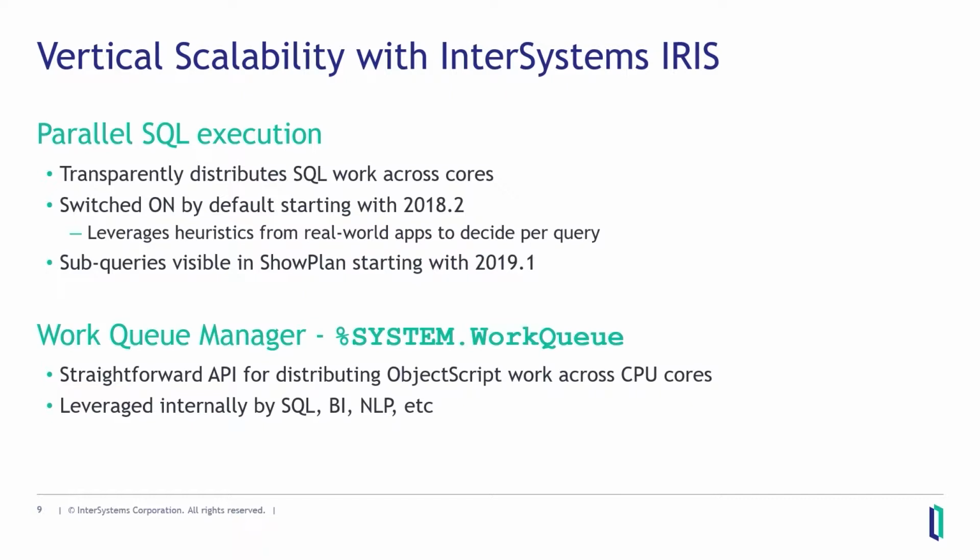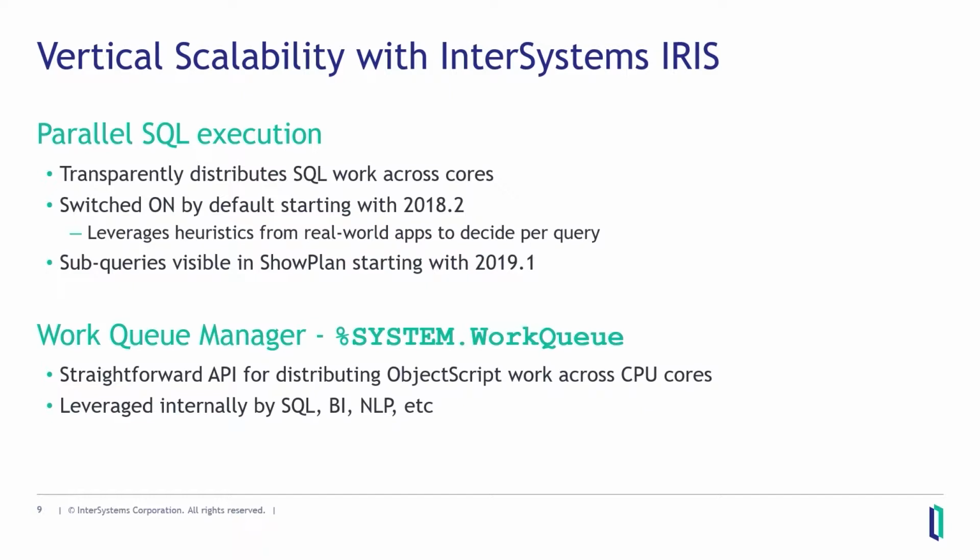So vertical scalability, again, means adding more resources to your server. You have one server and you just add a lot of CPUs to it, or you add a lot of memory to it. How can we leverage that? Parallel SQL execution is something that has been around since 2016 with InterSystems Cache. That works quite well. But in 2016, you still had to tell the SQL optimizer to switch it on.